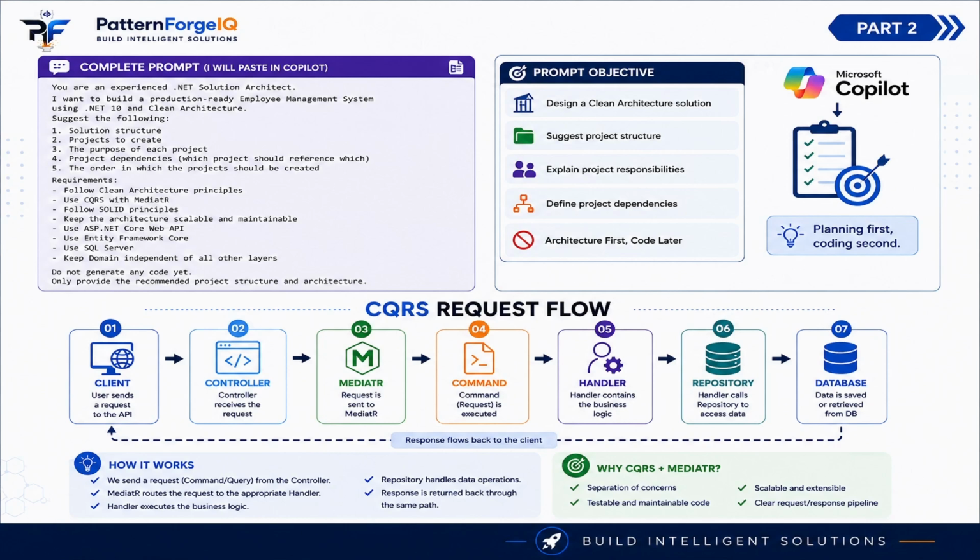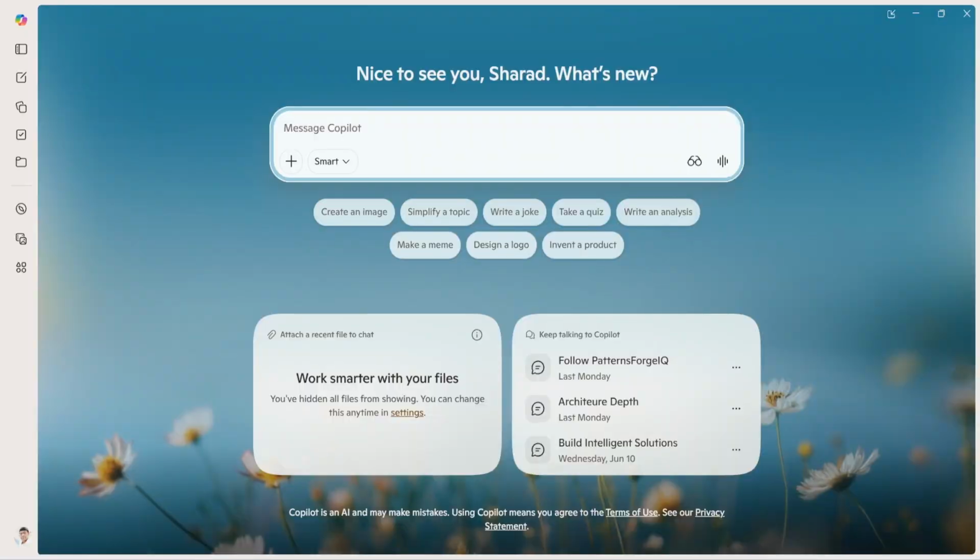Now let's open Microsoft Copilot and see what architecture it recommends. Remember, great software doesn't start with the code, it starts with a great design. Let's paste our prompt here.